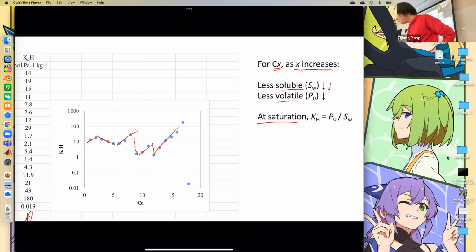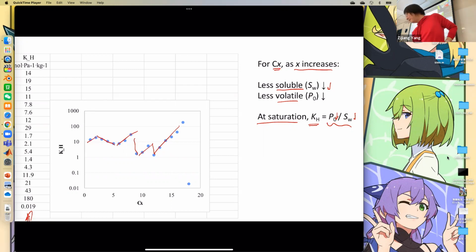We also know that at saturation of the two phases, Henry's law constant equals the vapor pressure divided by its water solubility. As X increases, both of them decrease. So which one dominates affects the change of the KH value.